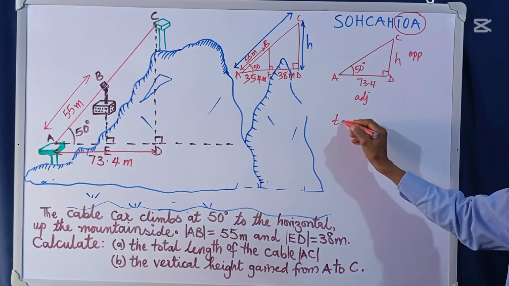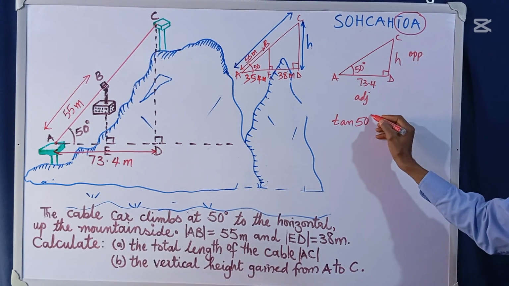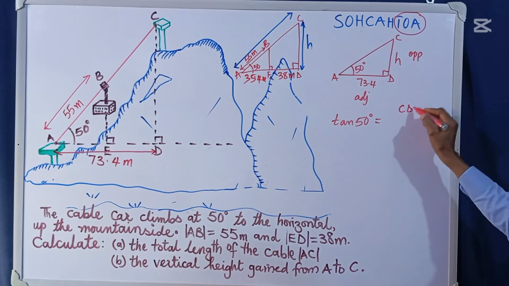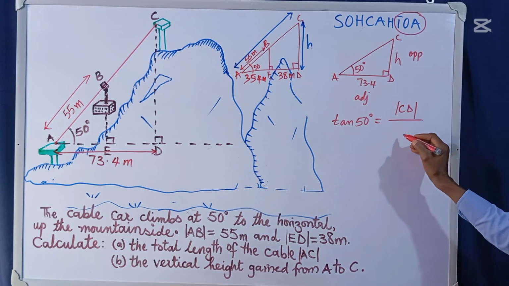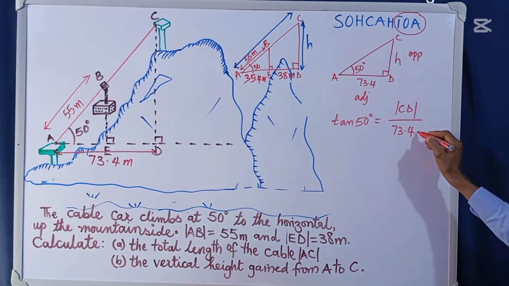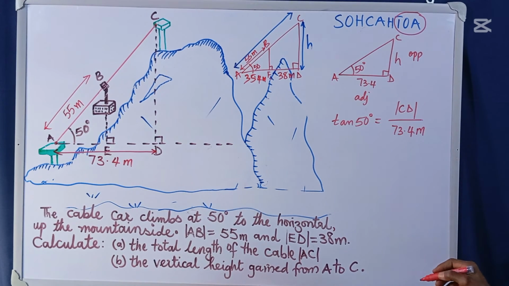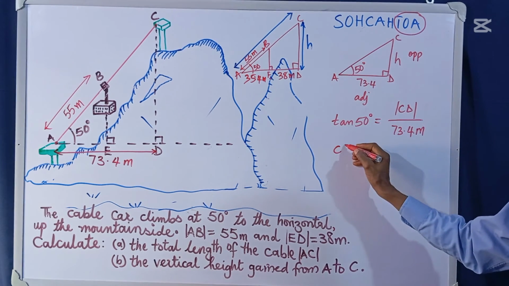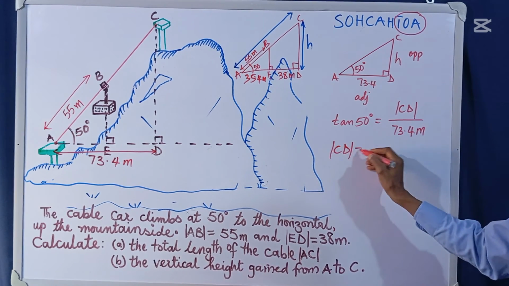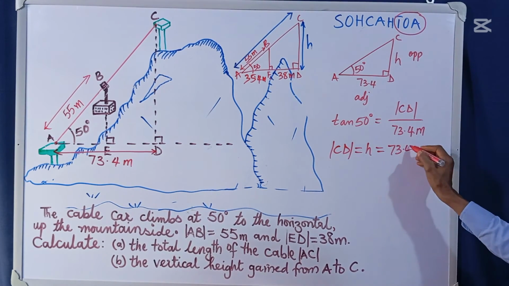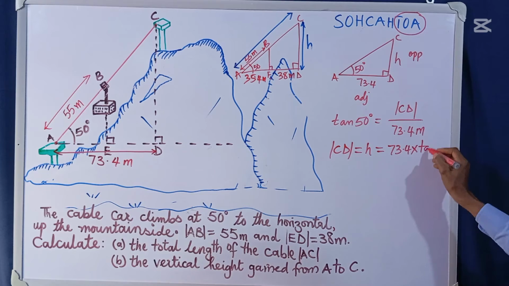So we say tan 50 degree is equal to CD over 73.4 meter. So what is CD? CD, which is the height h, is equal to 73.4 times tan 50 degree.